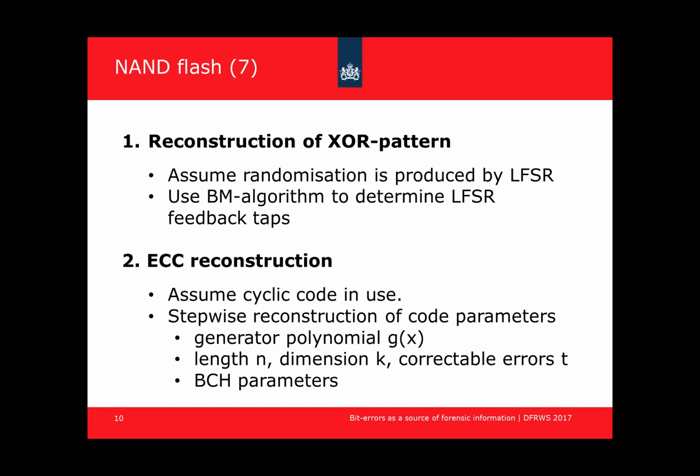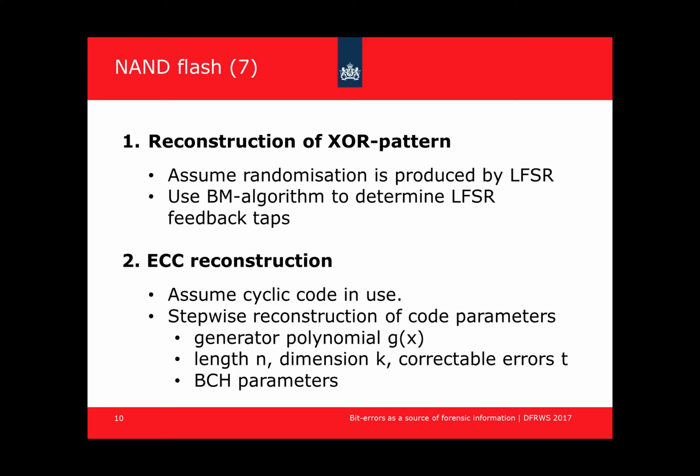An LFSR is a structure of a number of cells, and each time the cells are clocked, data is shifted in. So you have two parameters: the feedback taps, and the initial filling. Once you've found an LFSR, you can do some further research to find out how the register is seeded.